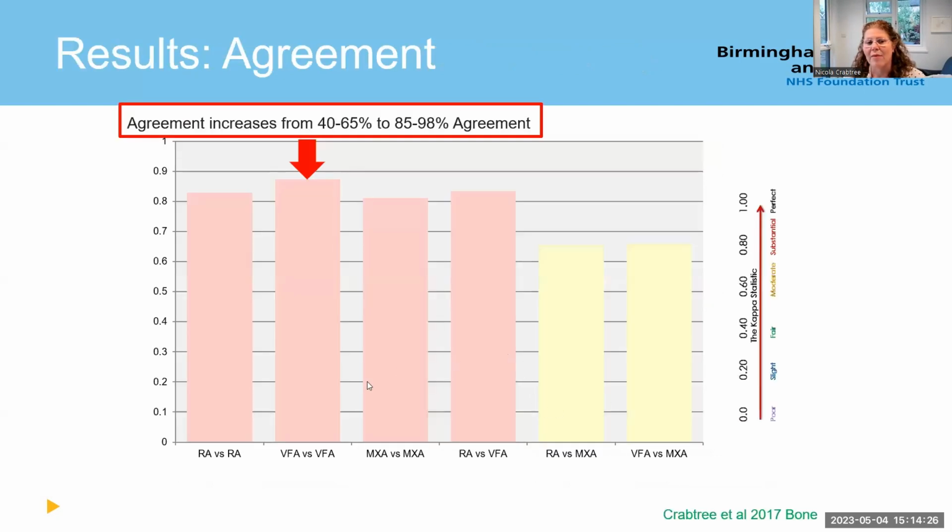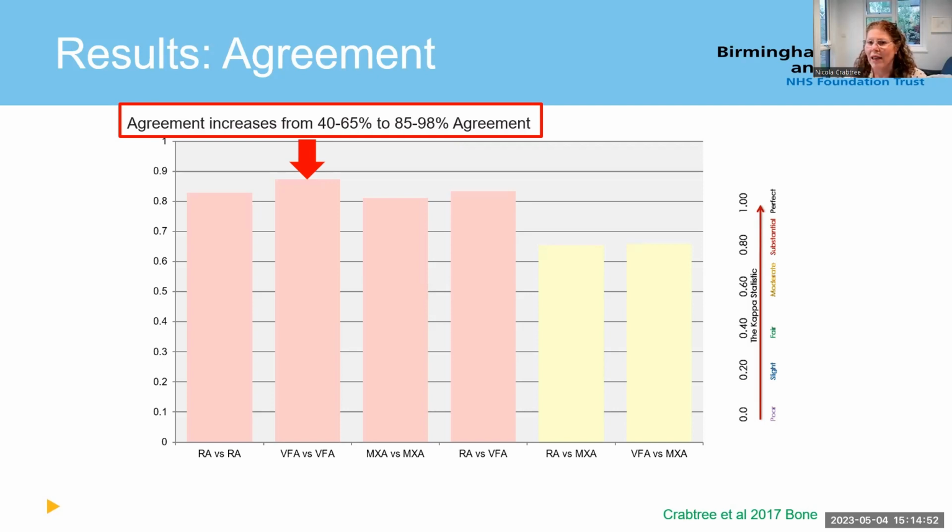These are the same comparisons, and we can see that between all of the techniques, so between radiographs, vertebral fracture analysis, and quantitative techniques, the agreement has gone from 40 to 65% up to 85 to 90%, so almost 100% agreement when we categorize between none and mild, and moderate and severe.